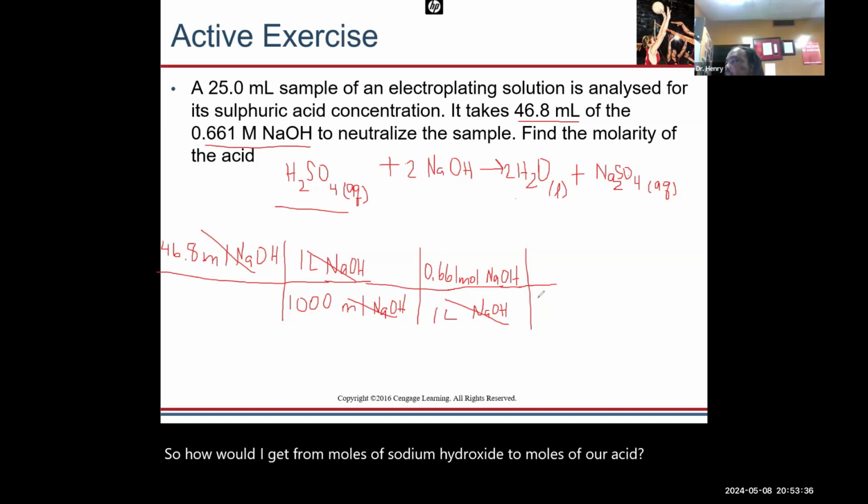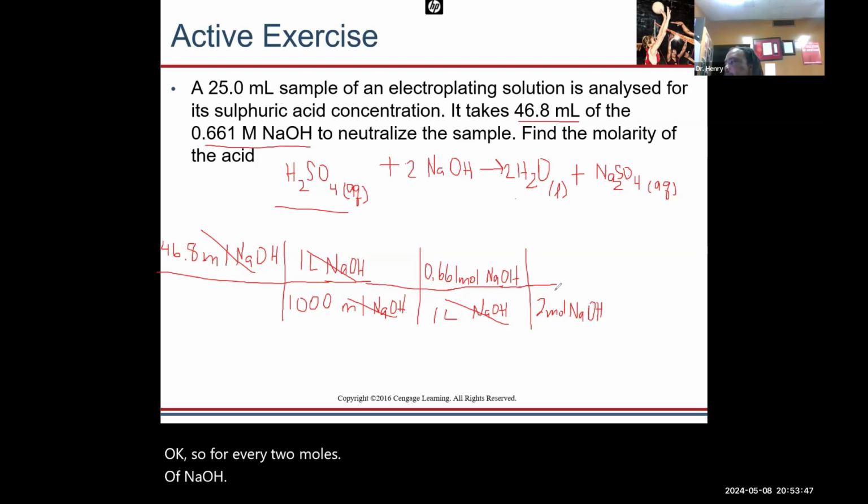Okay, so for every 2 moles of NaOH, we're going to have 1 mole of H2SO4. Good job.